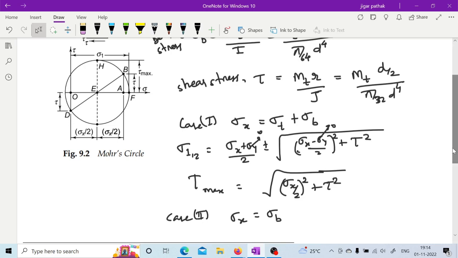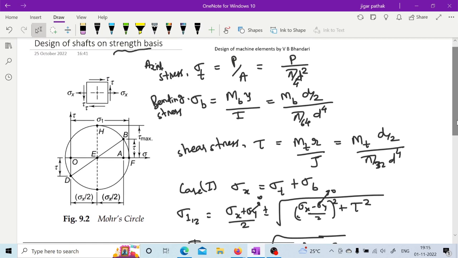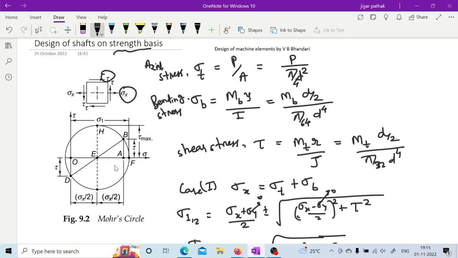So here, as you can see, we are considering the normal stress and shear stress. By now, I guess you know how to draw the Mohr circle. First you plot this particular point, which is sigma x in full, because here it is sigma x by 2, so this is sigma x.